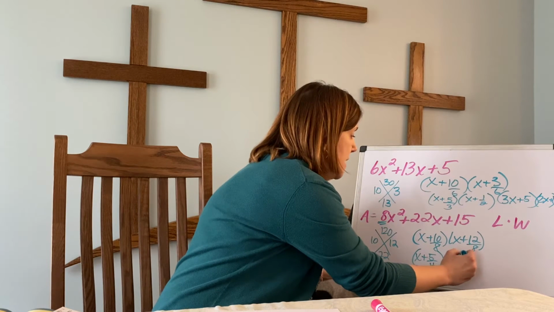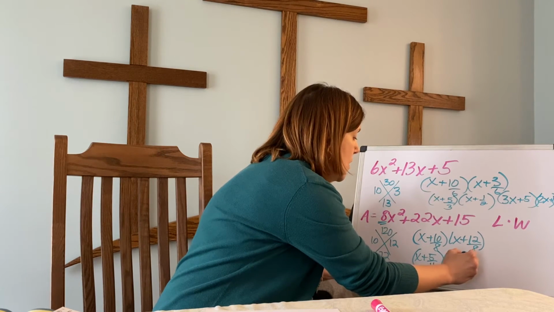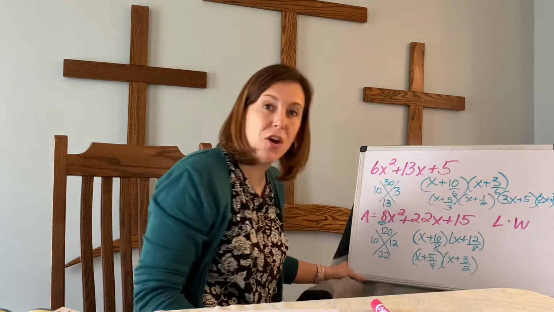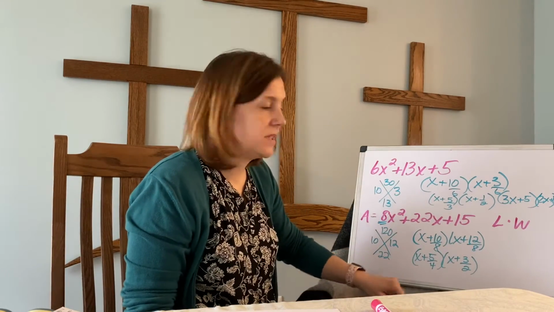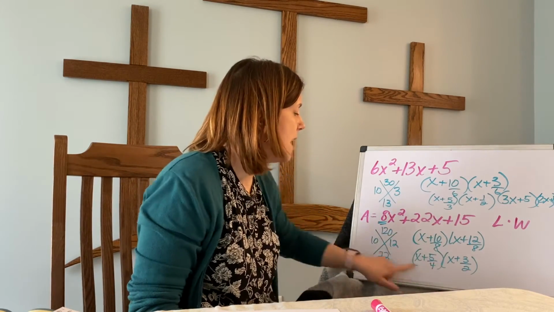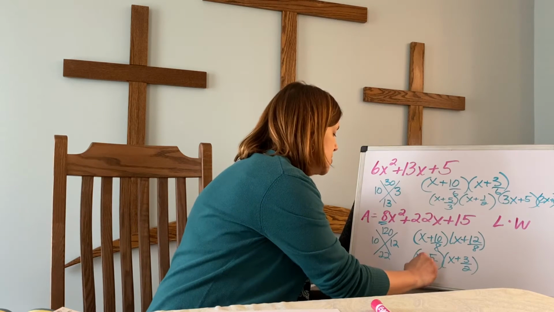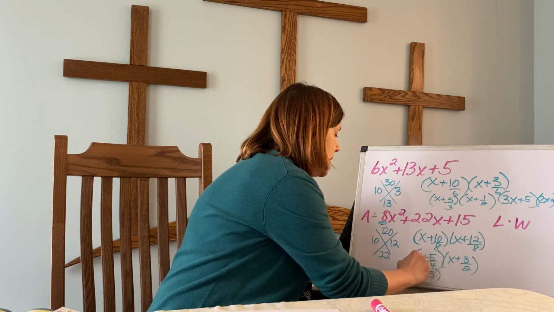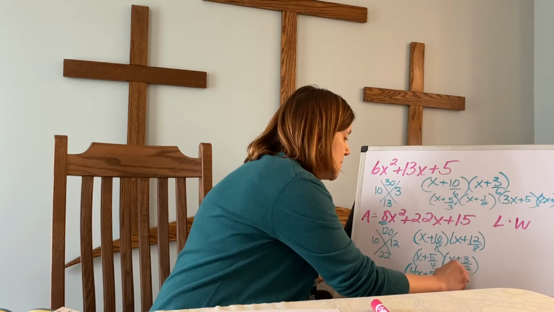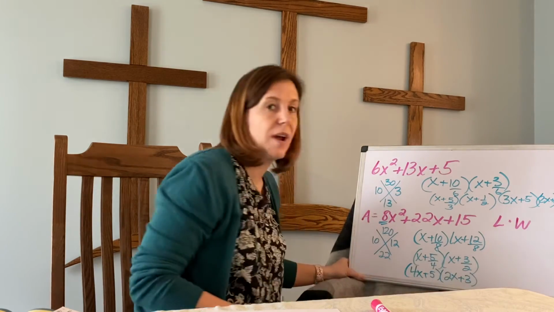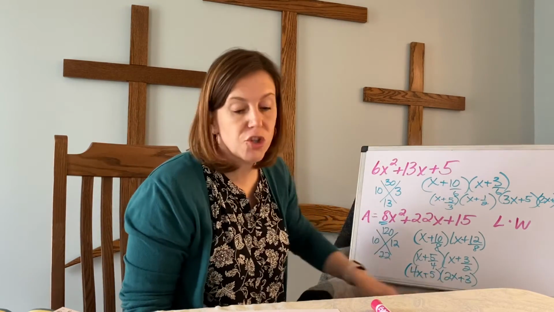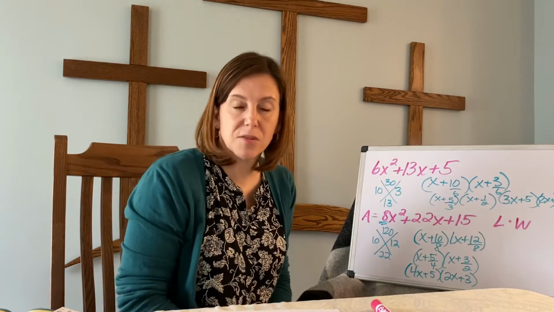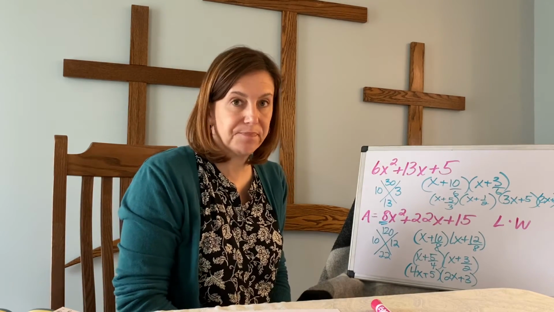If they end up being a whole number, wonderful. If they don't, that's where the slide comes in. Divide and slide. So my final answer for this problem, my dimensions for this rectangle are 4x plus 5 and 2x plus 3, a possible length times width.